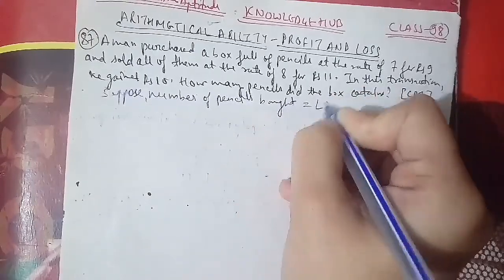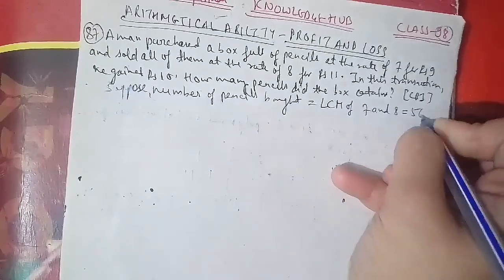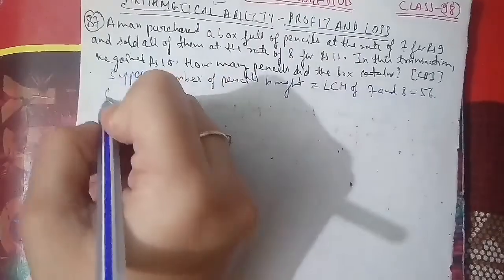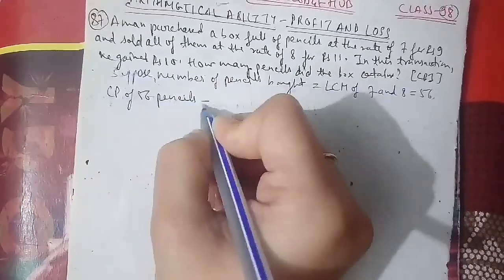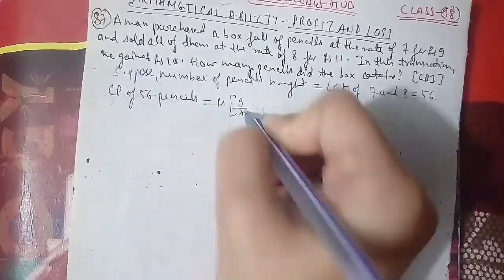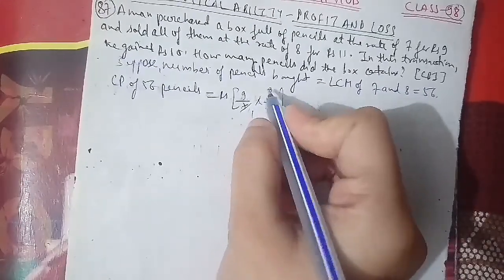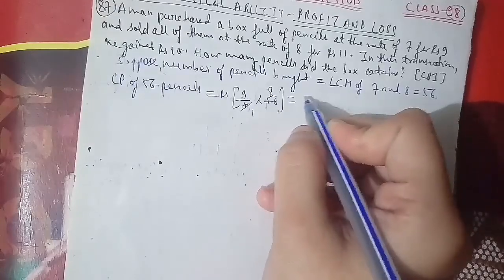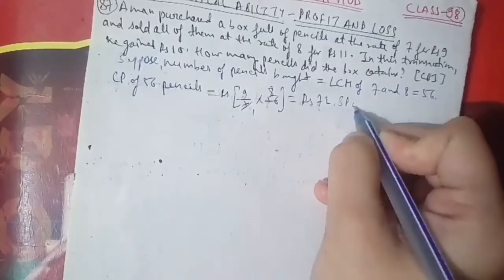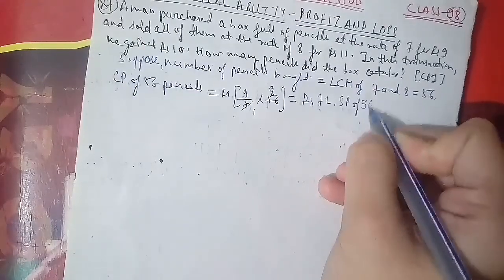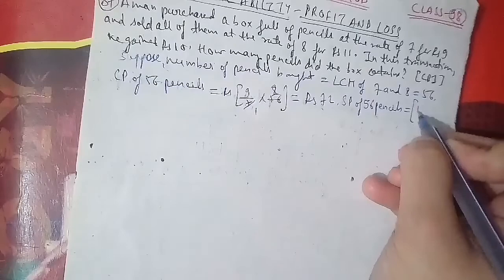Cost price of 56 pencils equals rupees 9 by 7 into 56. 7 ones are 7, 7 eights are 56, and 9 eights are rupees 72. SP of 56 pencils equals 11 upon 8 into 56. 8 ones are 8, 8 sevens are 56, which equals rupees 77.